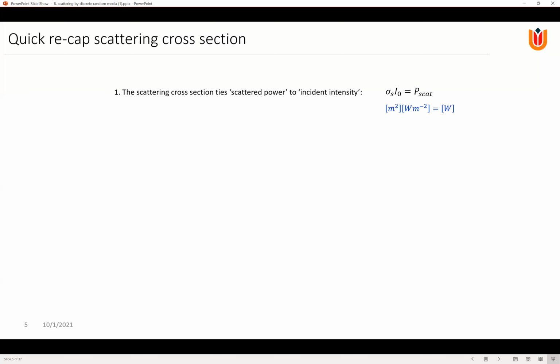If you look at the units, then it makes a little bit more sense. We can express the scattered power in watts as a multiplication of the scattering cross section, in units of area, times the intensity.